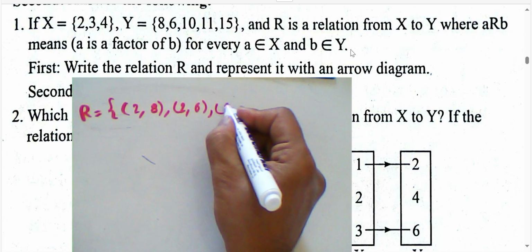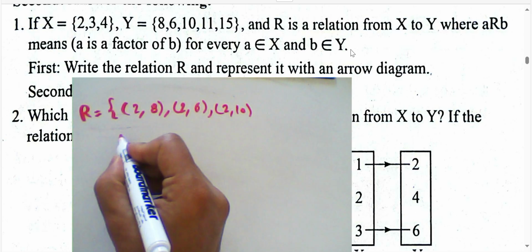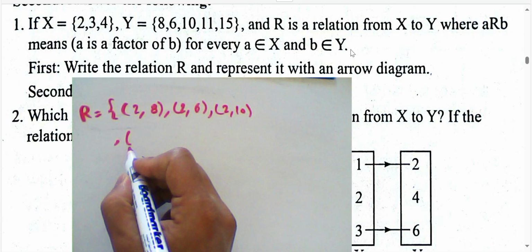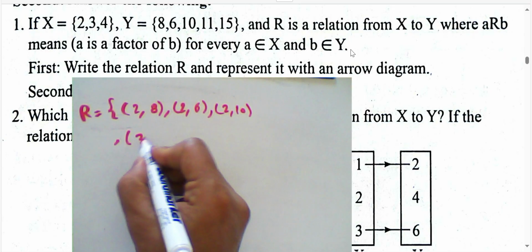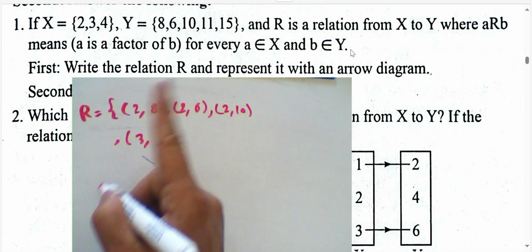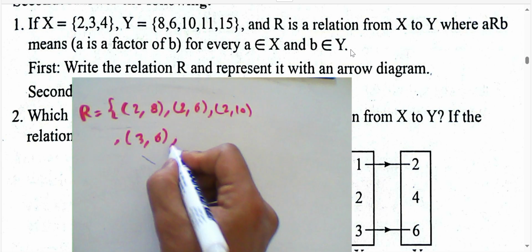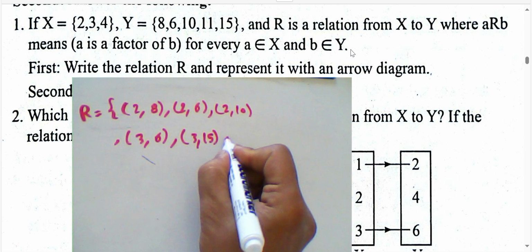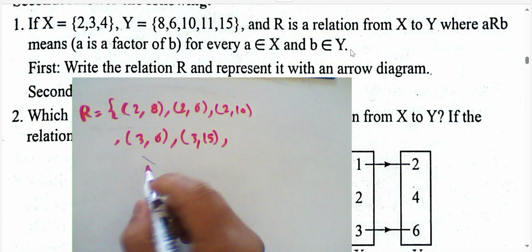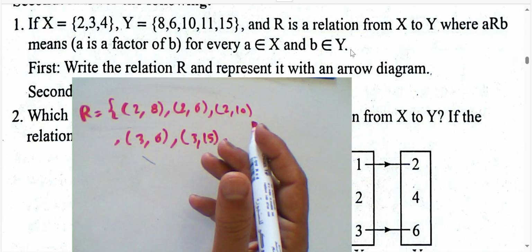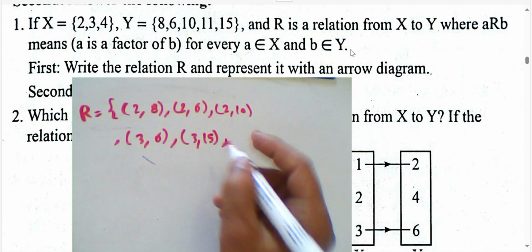And also we have 10, 2 and 10, because 10 can be divided by 2. And then we can write also 3 with what? 15 can be divided by 3 and 6. You can write 6 and 3 and 15.